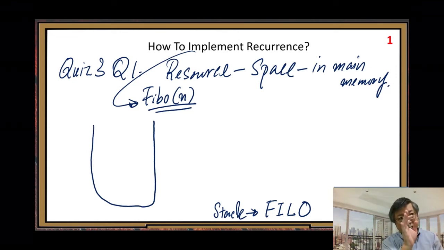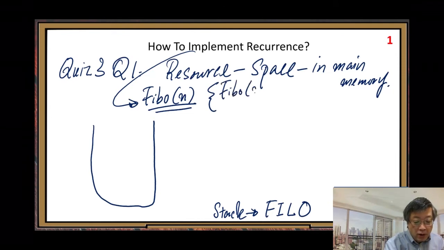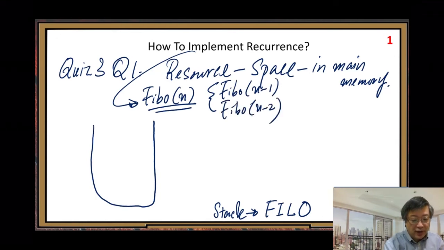All right, so let us see how it is implemented. Call Fibo of n. Its value is not known because it relies on two previous Fibonacci numbers, Fibo of n minus 1 and Fibo of n minus 2, right? If it cannot be determined, then push it into the stack for temporary storage.